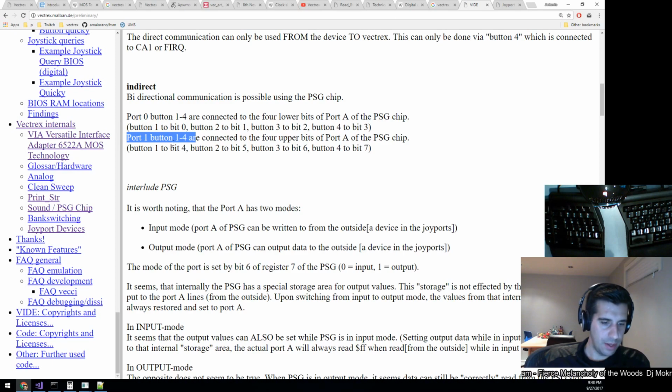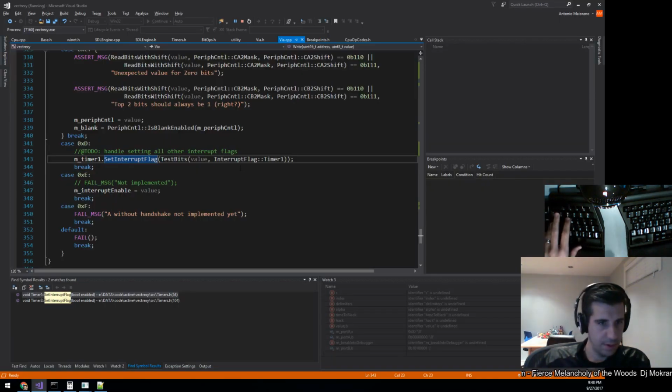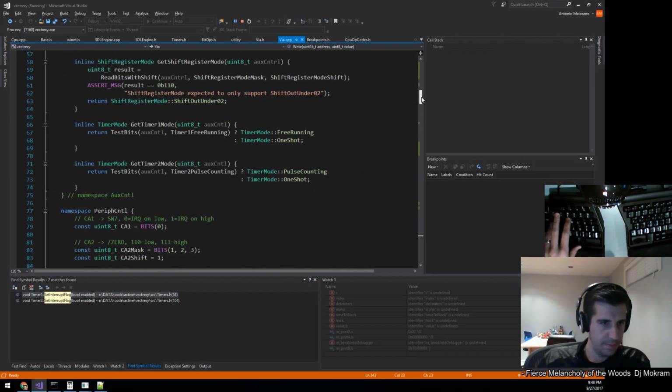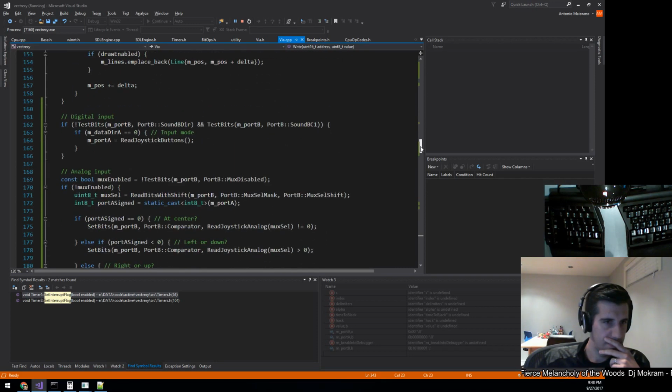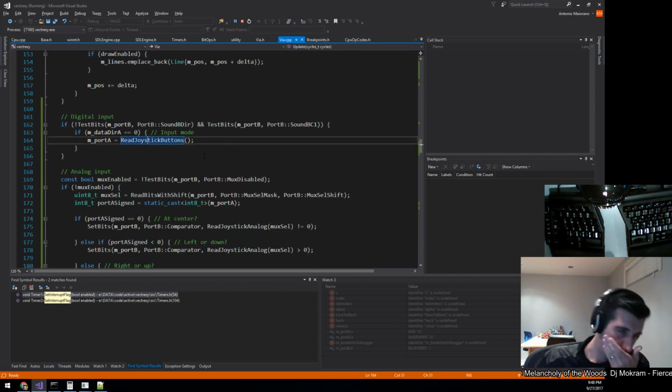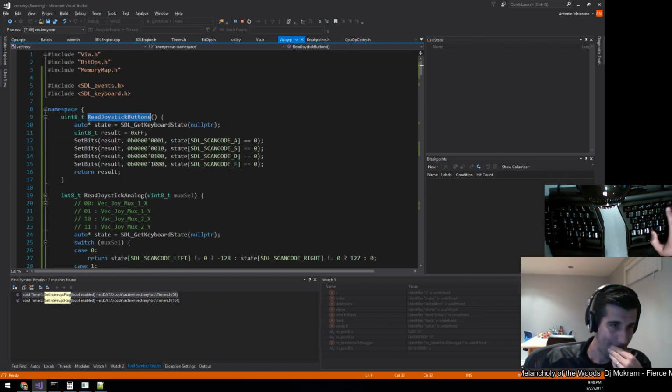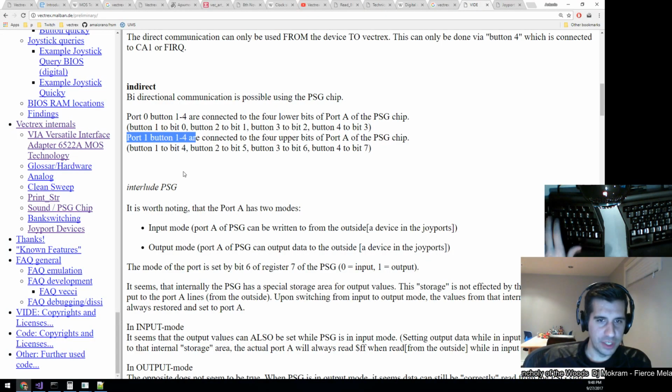Port 1, okay, let me just check something. Right, so even though it's not the same port A, it looks like those bits are connected to the one on the VIA chip.